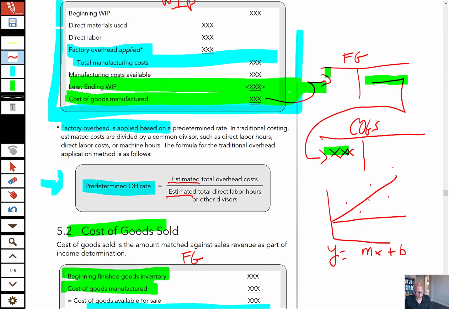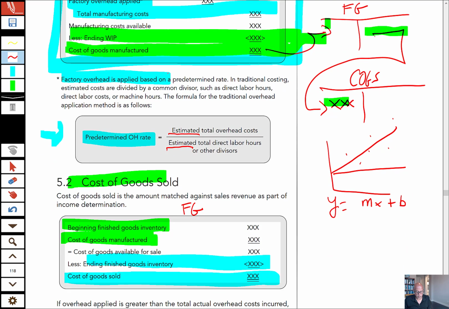If we were being asked to determine the cost of goods sold, and they're giving us information for the finished goods account, we could analyze finished goods to determine cost of goods sold. So that's the beginning finished goods. The cost of goods manufactured, as we said, is what comes out of work in process and goes into finished goods.